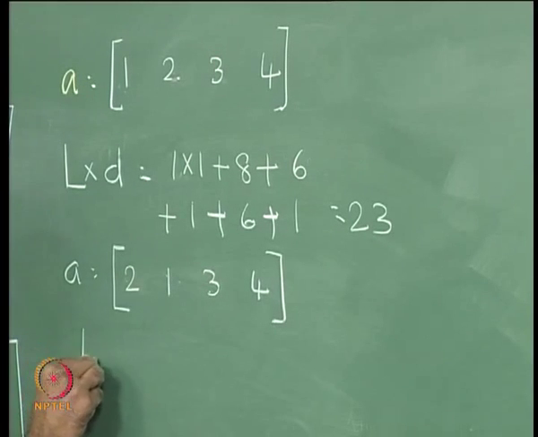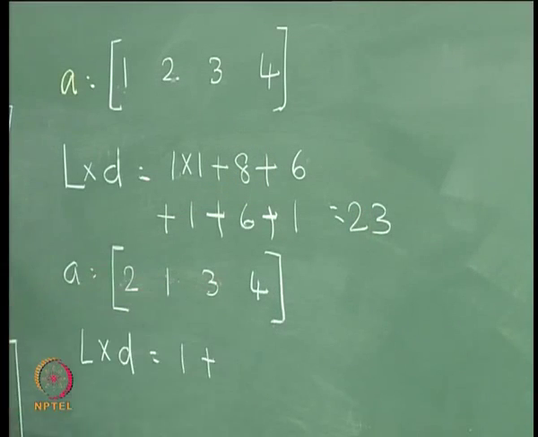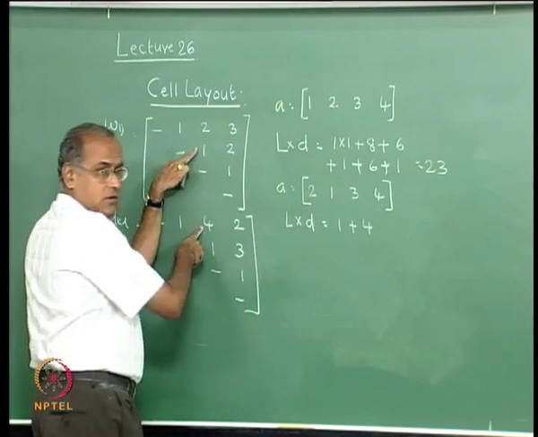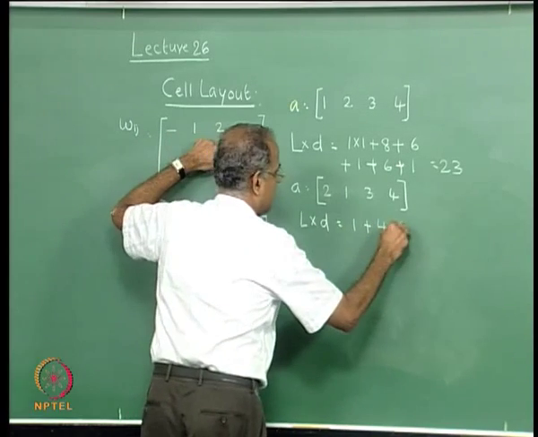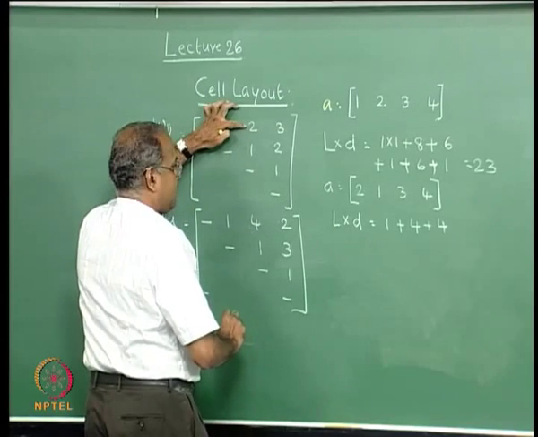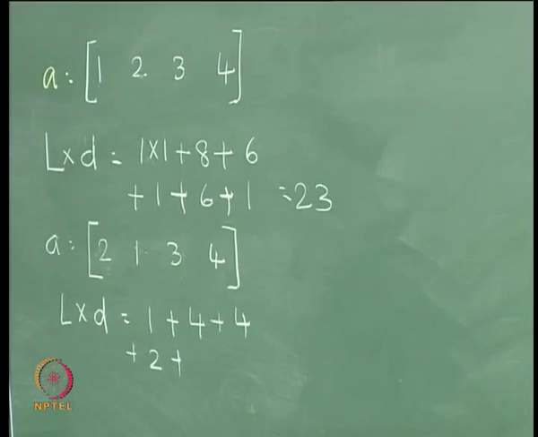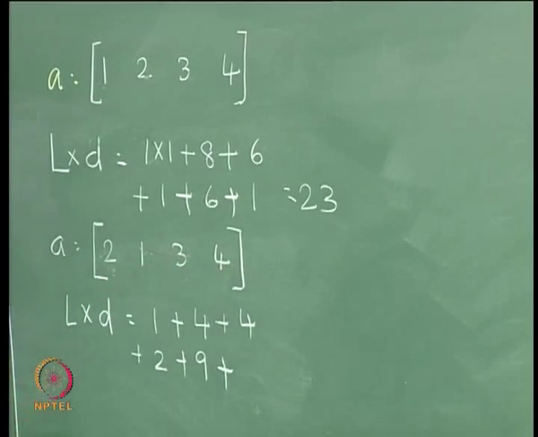Now, the load into distance is given by W12 D21, 1 into 1, 1, plus W23 D13, 4, W24 D14, 4, W13 D23, plus 2, W14 D24, plus 9, W34 D34, 1 into 1, 1.